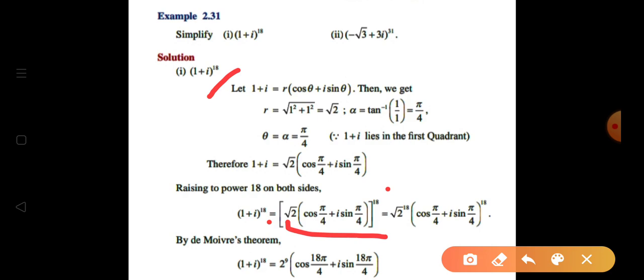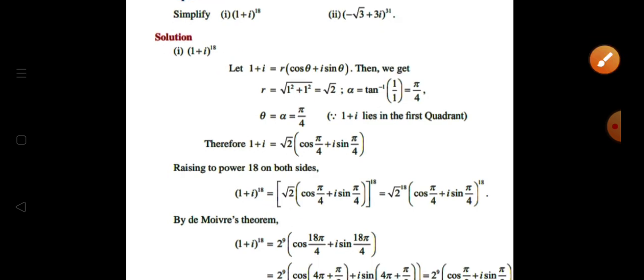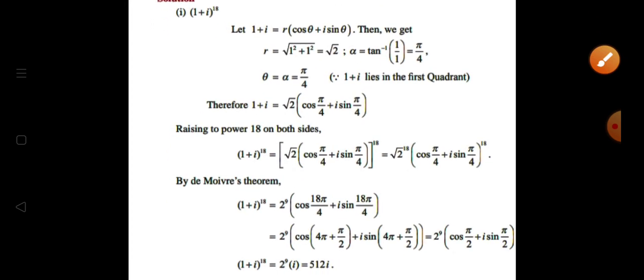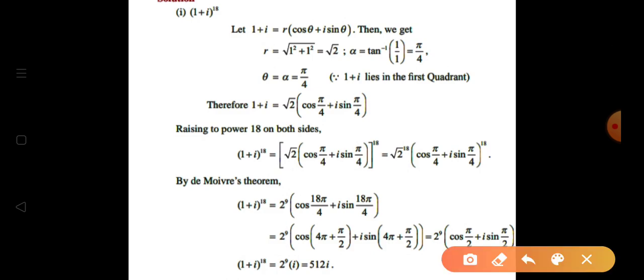Now (root 2) power 18 into (cos pi by 4 plus i sin pi by 4) whole power 18. Now applying De Moivre's theorem. Listen, root 2 power 18: root 2 means 2 power 1 by 2, so 2 power (1 by 2 into 18).